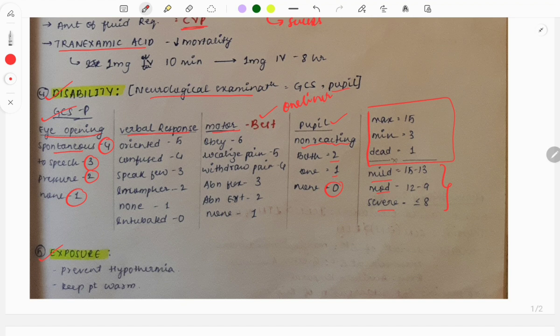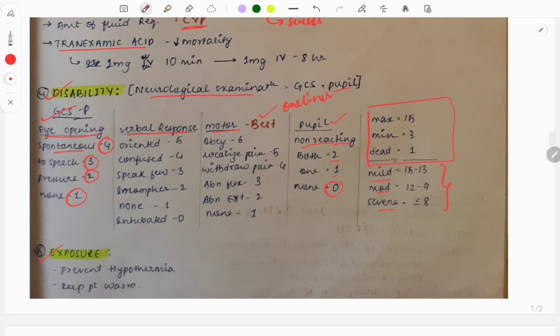Questions are asked giving a full clinical case that your patient is not responding to speech, he is confused, he speaks a few words and he is able to localize the pain. What is the Glasgow Coma Scale? So you need to calculate it and choose the correct option. So I suggest you guys make a note of this and stick it on your study table, so that whenever you look at it you will be able to recall this Glasgow Coma Scale.